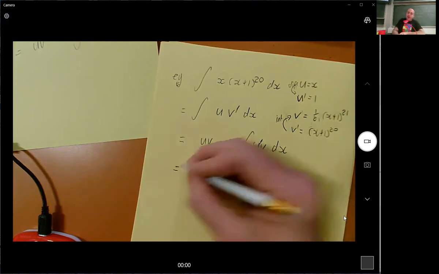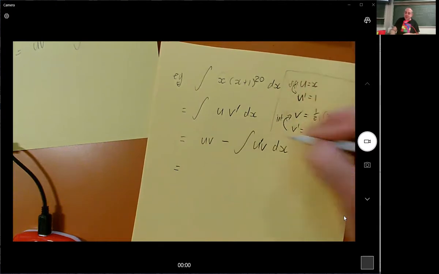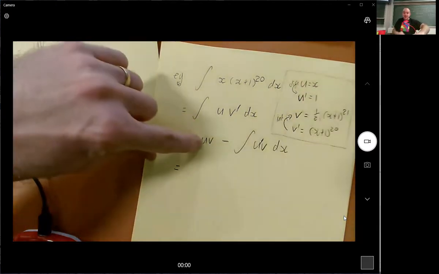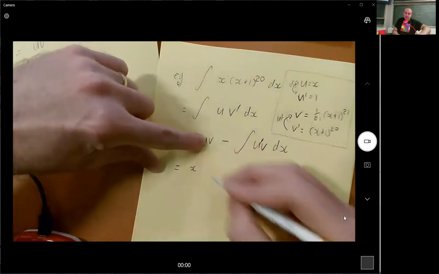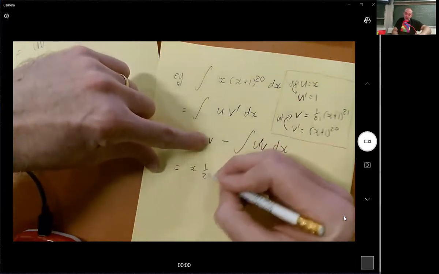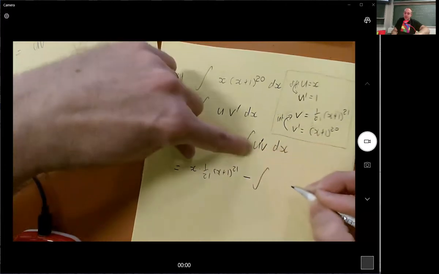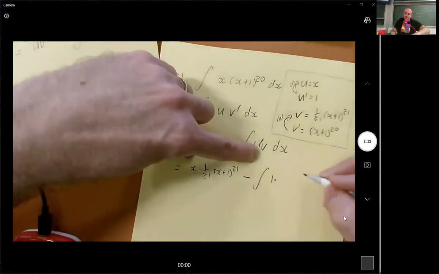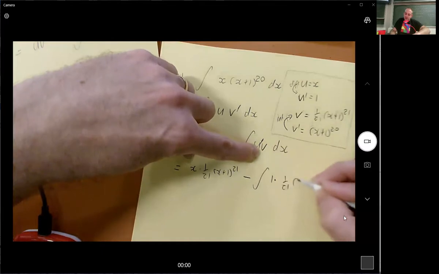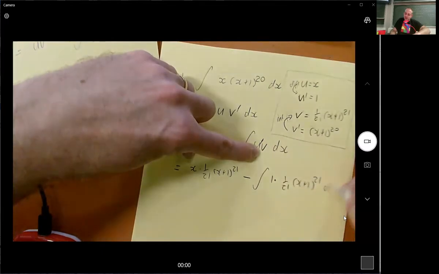Okay, so now I have on the side written down what everything is. I can sub it in. u is x. v is 1 over 21 times (x plus 1) to the power of 21, minus the integral of u dashed, which is 1, and v, which is 1 over 21 (x plus 1) to the power of 21, dx.